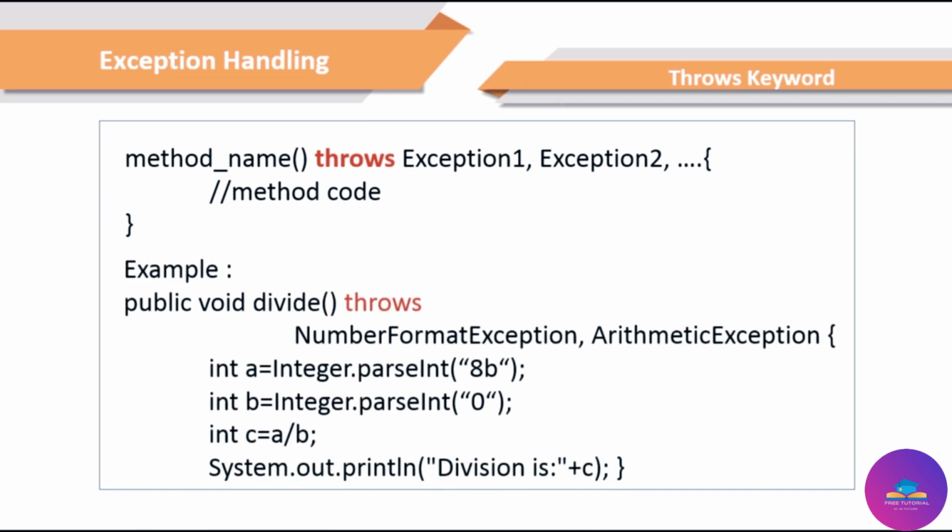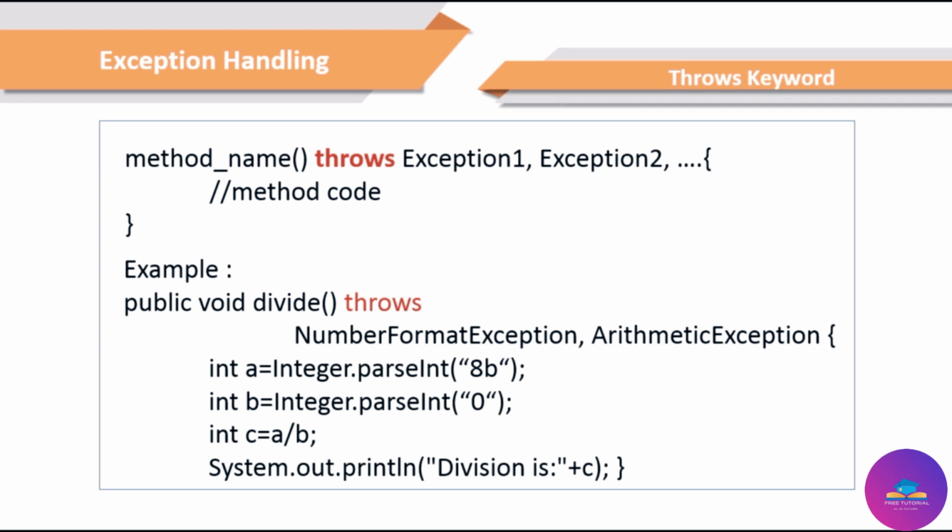So in our example, we have the void divide method that has no parameters. We throw two exception classes. The first one is NumberFormatException, and the second one is the ArithmeticException.